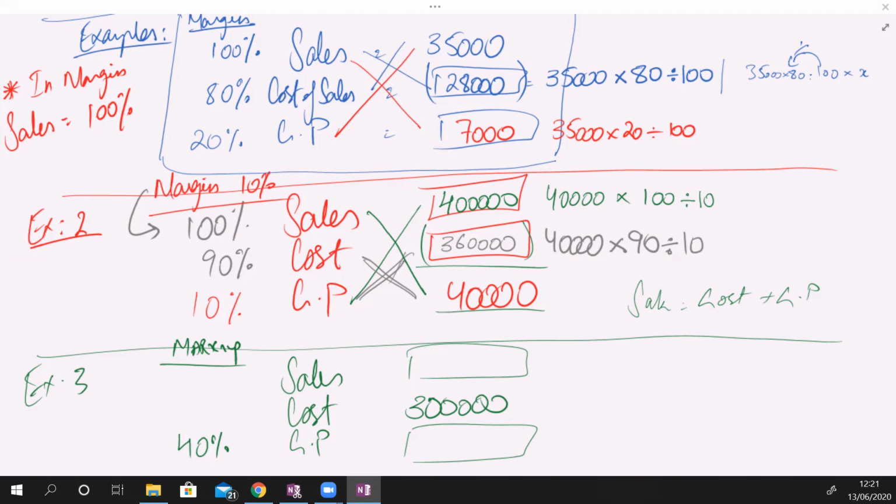Okay, can anyone else tell me the main difference between markup and margin? Sir, the main difference is that margin is used to determine the selling price, whereas markup is used to calculate the cost. Markup is the amount at which cost increases.